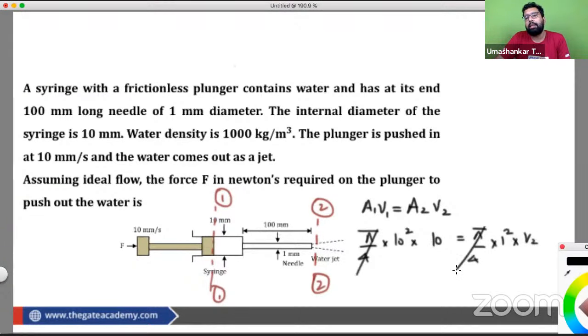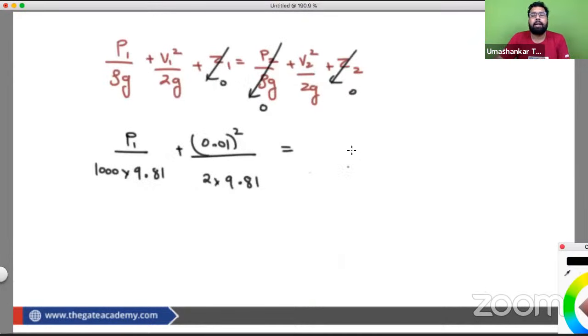So we can cancel this out, and V2 will come out to be 1000 mm per second. So from here, we can put it here: 1000 mm per second, that is 1 meter per second. So 1 squared by 2 into 9.81. From this equation, you can find this P1.